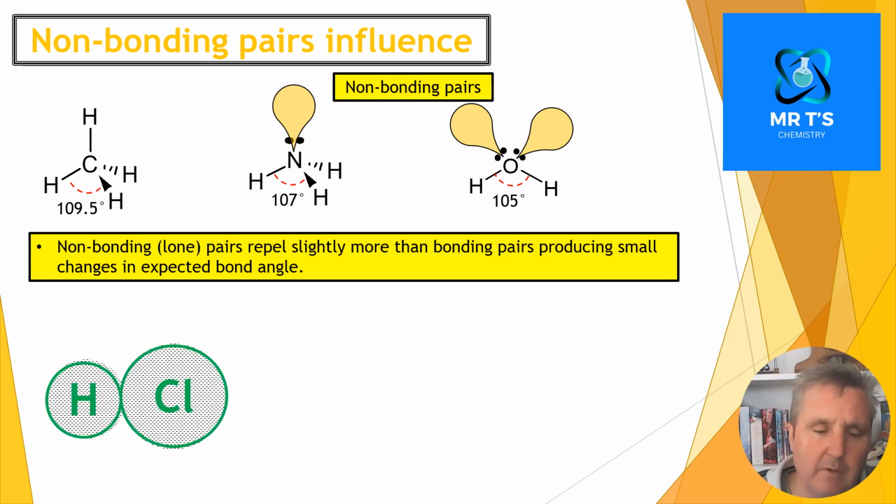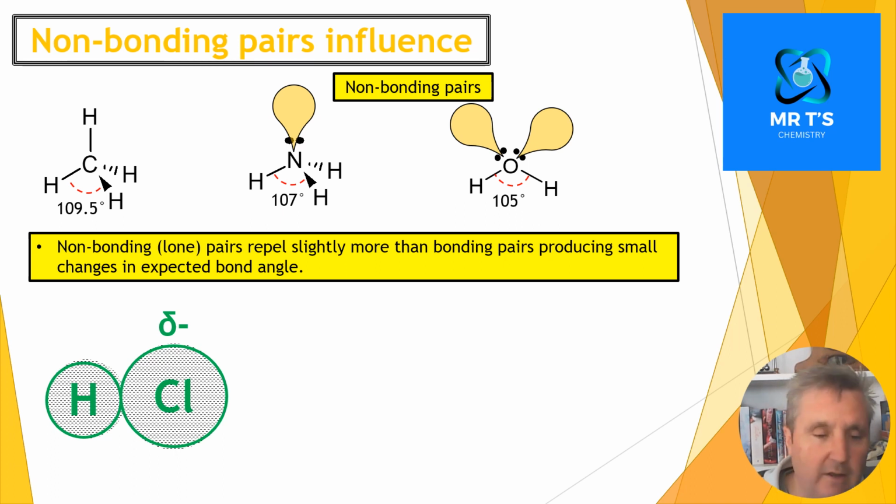Okay, and the next thing we need to know just before we go and look in these shapes is what a bond dipole is, and what dipole moments are. So if we have 2 atoms bonded together, and these 2 atoms have a difference in electronegativity, and in this case chlorine is a lot more electronegative than hydrogen, when they share electrons, chlorine has a larger share of the bonding electrons, so it gets a dipole moment of slightly negative.